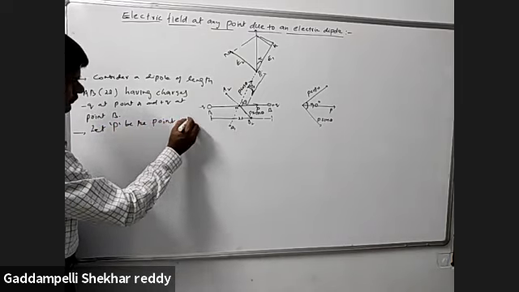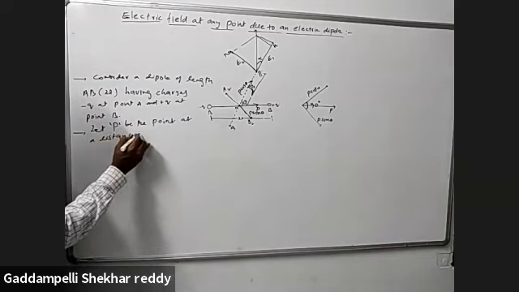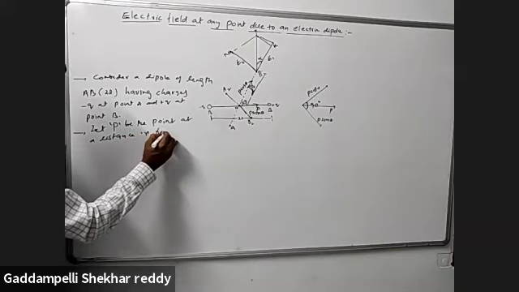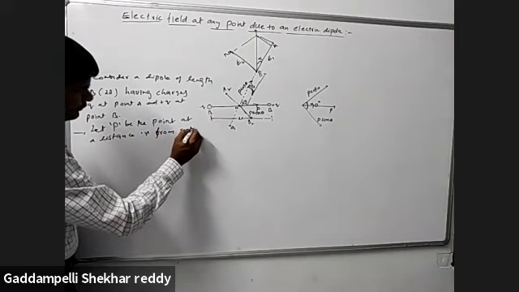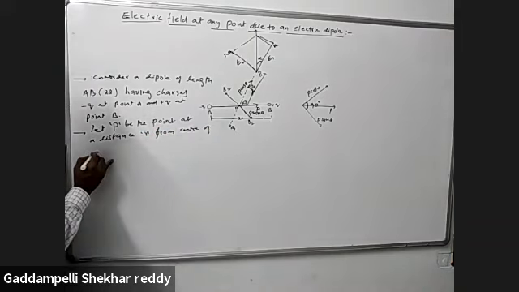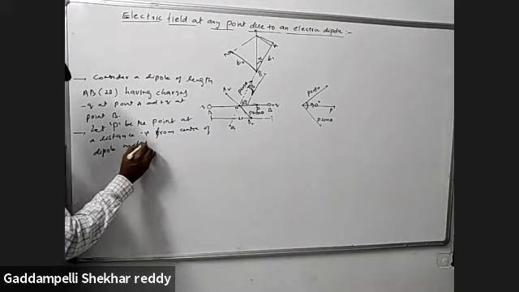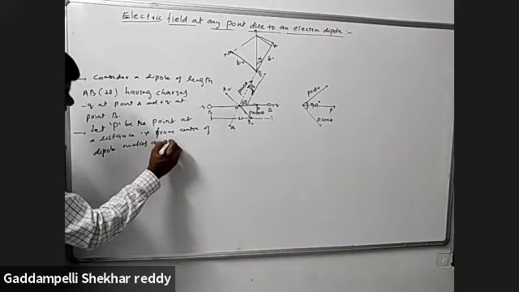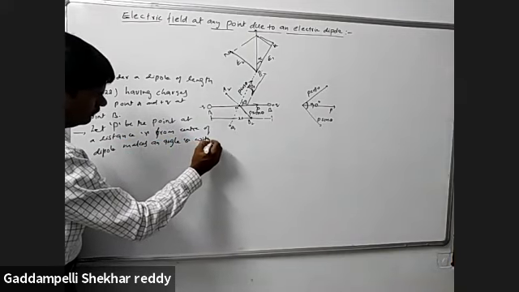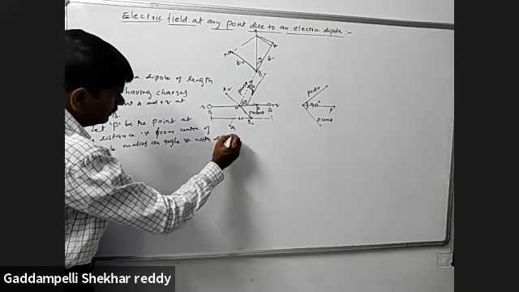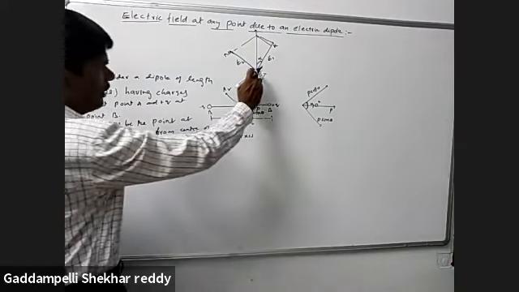Let P be at a distance r from the center of the dipole, making an angle theta with the dipole axis. Like this is point P considered.